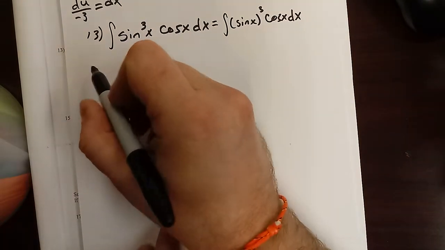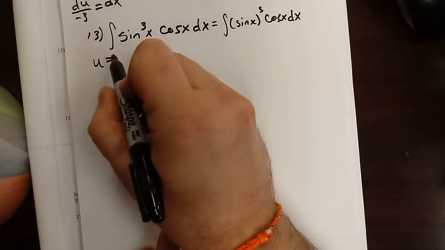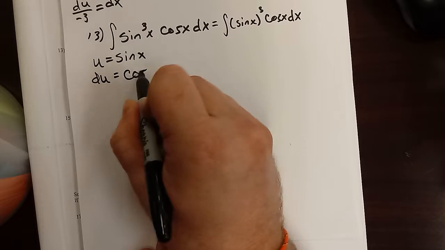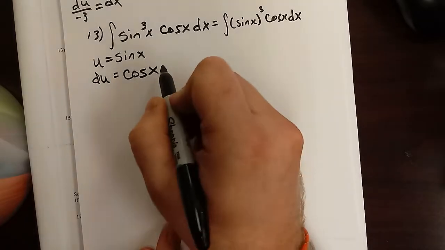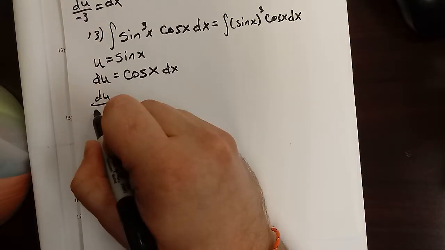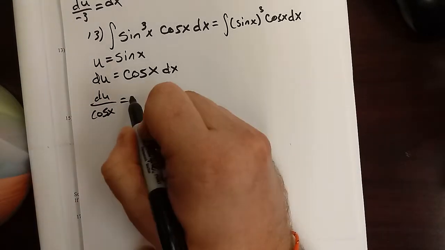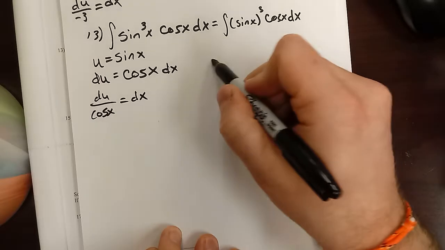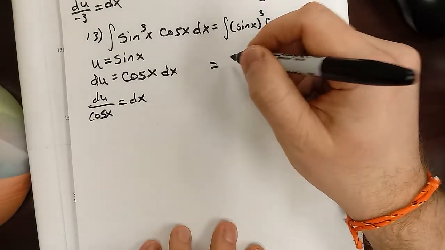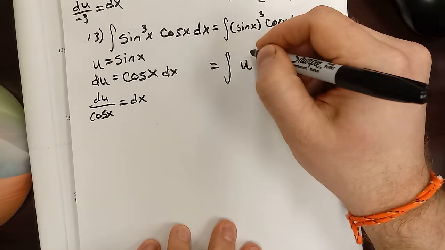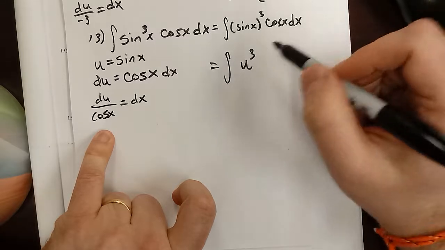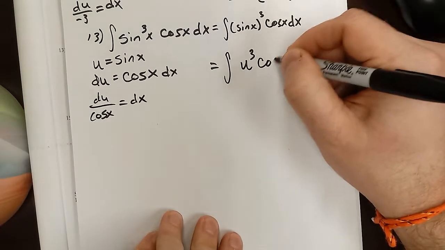So if I make sine u, let's see, then du dx is going to be cosine x, and then we'll multiply the dx over here, and we'll divide by the cosine. So du over cosine x is equal to dx. And this actually turns out to be a really, really nice u-substitution, because we just write u cubed, and then I can put du over cosine x here.